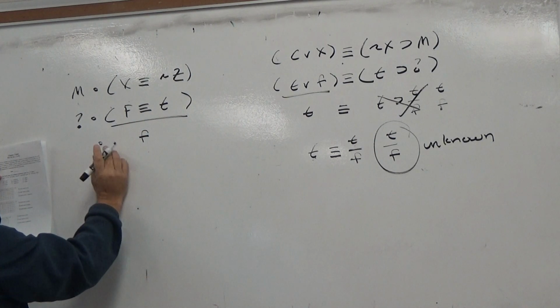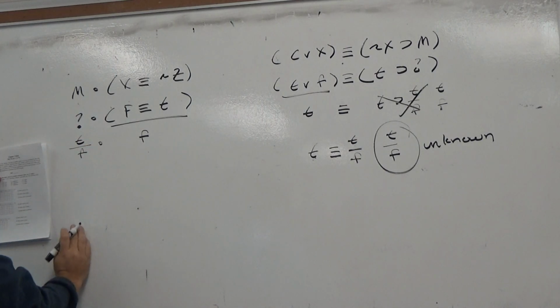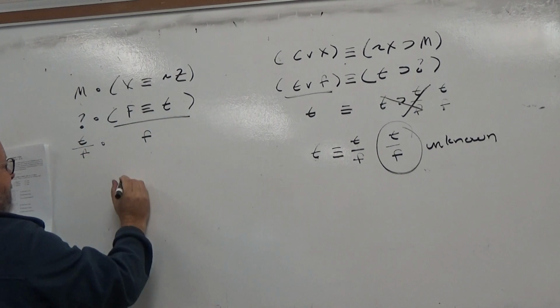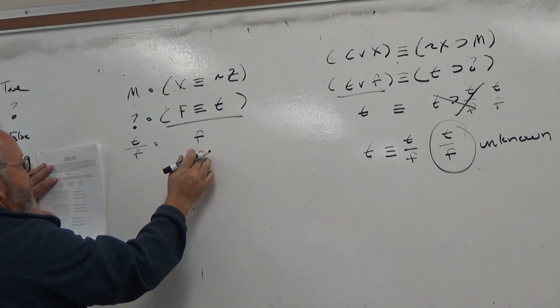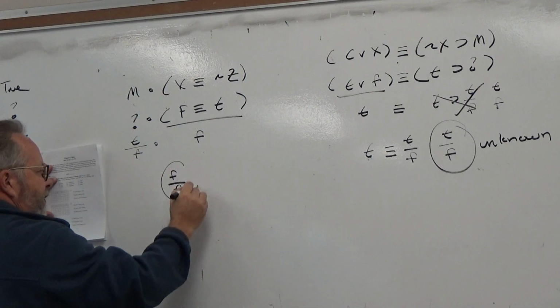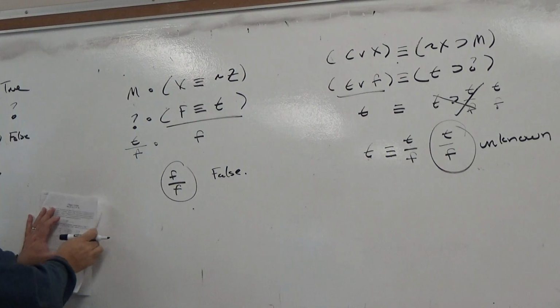So we have an unknown and false. This unknown could be true or it could be false. Let's see what happens in either case. True and false is false, and false is false. So it came out false either way, so we know this one to be false.